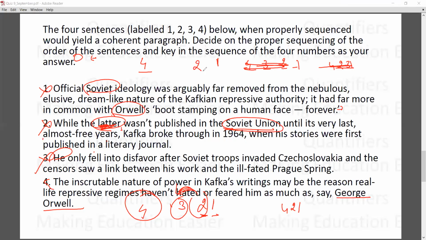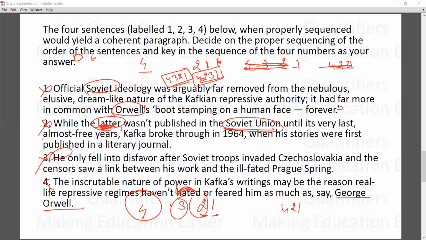Maybe 1 will come immediately after 2, or the framing could be 4, 3, 2, 1, or 4, 2, 3, 1. So it should be either 4, 2, 3, 1 or 4, 3, 2, 1.